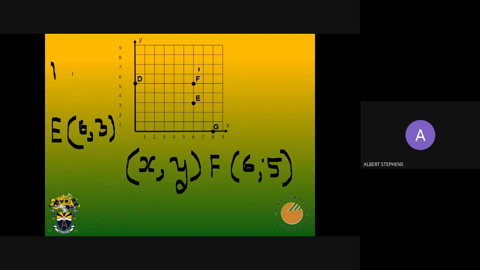What about point D? Give me a second. Excuse me, let me check the main page because verses might be coming in the class.